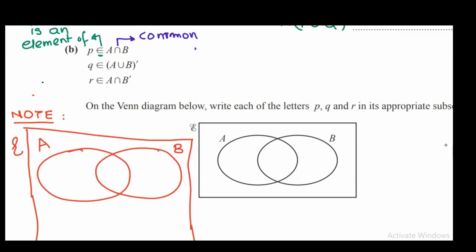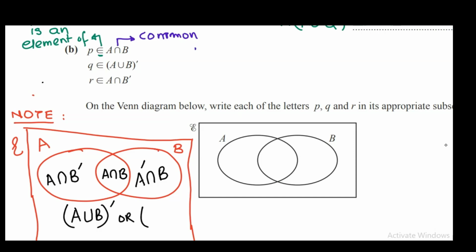This region is A intersection B. This is A intersection B complement because B is not here. This region is A complement intersection B, A is not here. This is A union B complement, or we can say A complement intersection B complement.